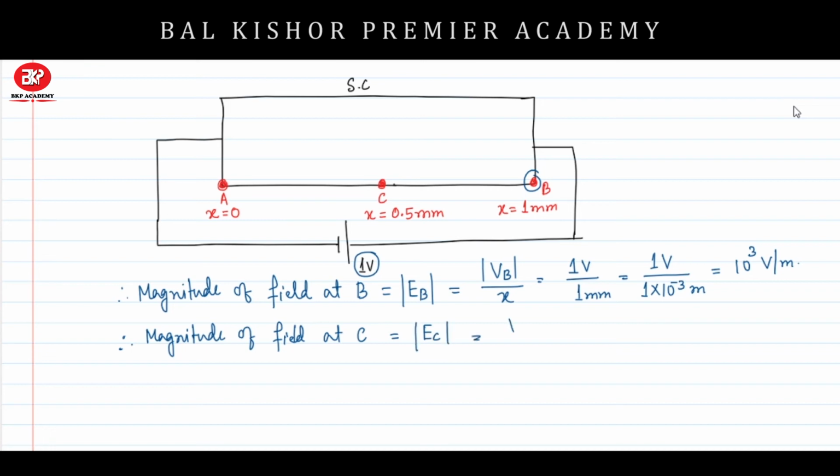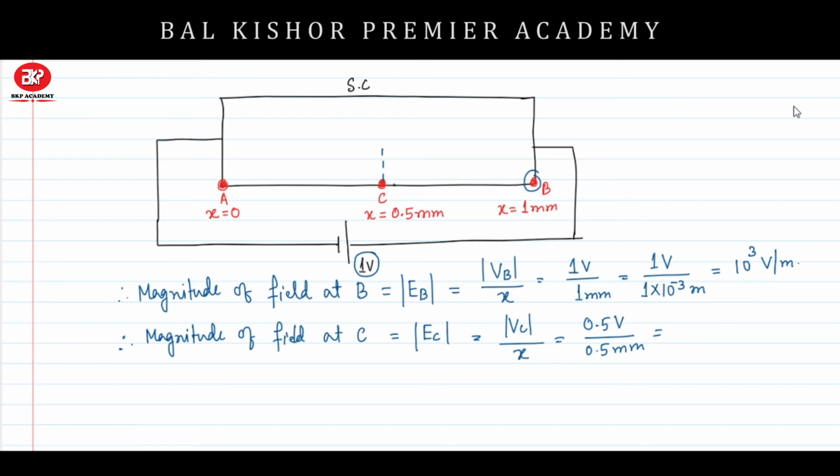It will be equal to VC, the potential at C, divided by the distance of the C point. From this picture we can see that the potential at this C point is 0.5 volt, and the distance is 0.5 millimeter.